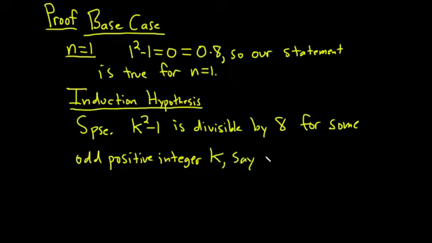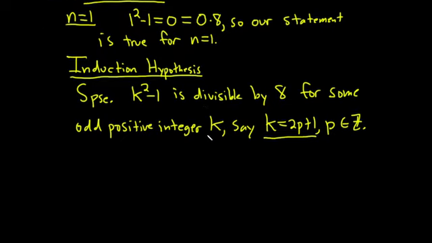Basically you plug in a k for your n. Say k equals 2p plus 1, where p is an integer. We can write it this way because that's what it means for an integer to be odd. If an integer is odd, we can write it as 2p plus 1. This is really important to use and know in this problem.